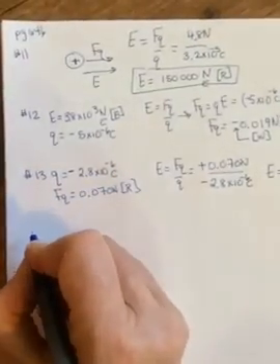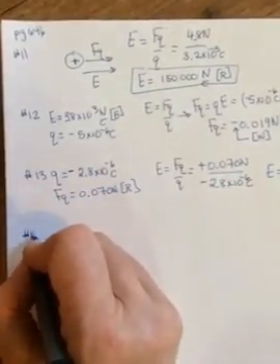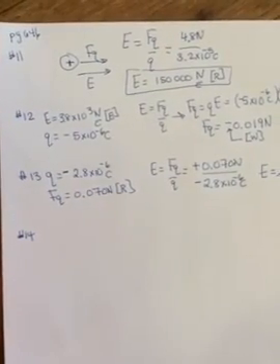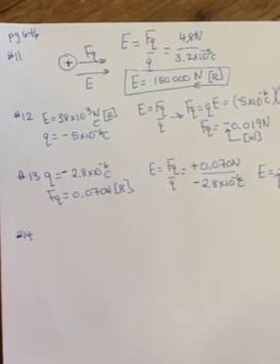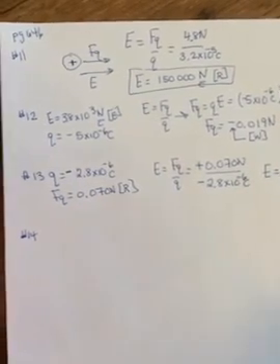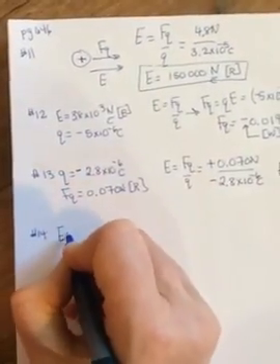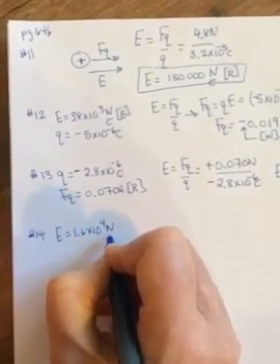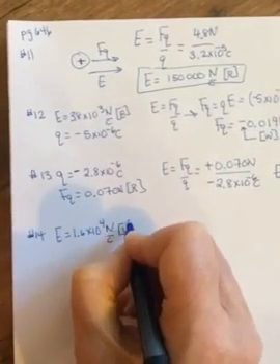And the last one on this page, number 14, says a small charged sphere is placed at a point in an electric field that points due west and has a magnitude of 1.6 times 10 to the 4. So our E is 1.6 times 10 to the 4 newtons per coulomb west.